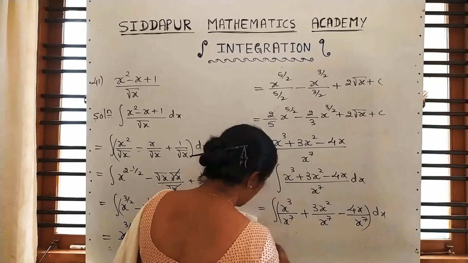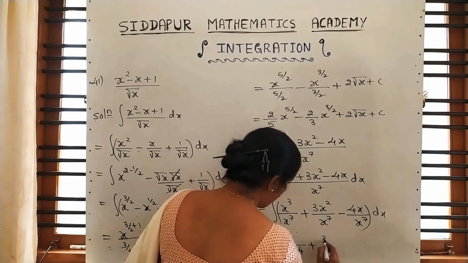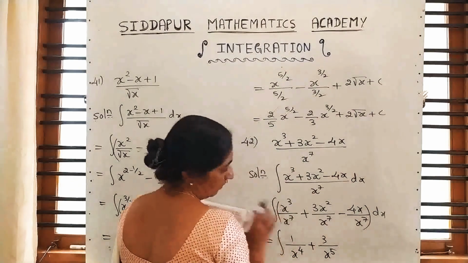After this cancellation. Out of here 3 terms, here 7 terms, 4 are remaining.